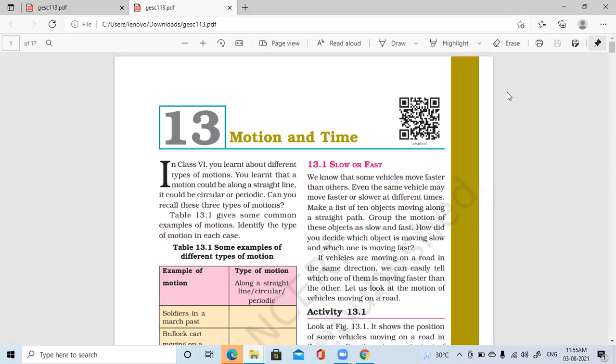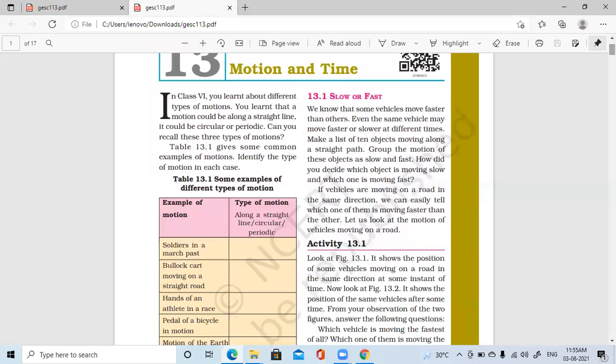And we have discussed different kinds of motion in the earlier classes, like straight line, circular, periodic, oscillatory, vibration. So these all are different kinds of motion.